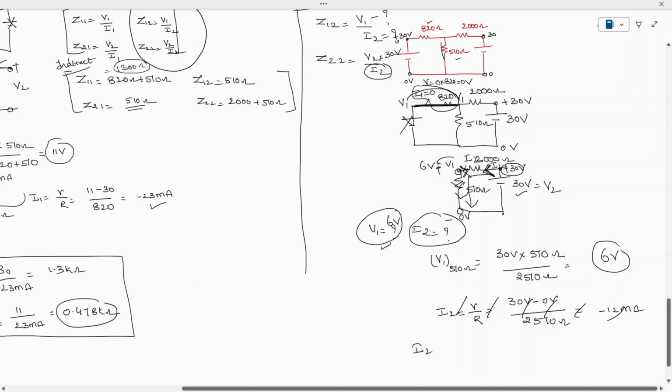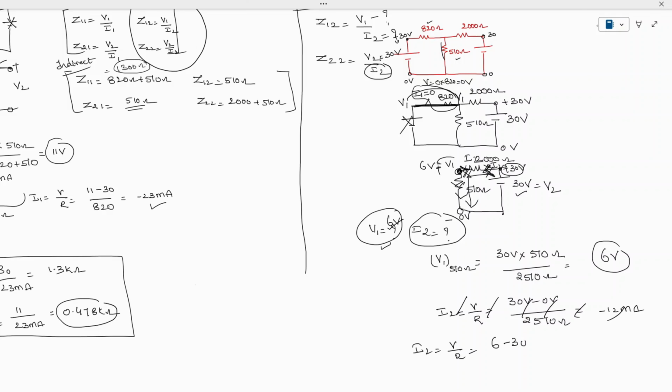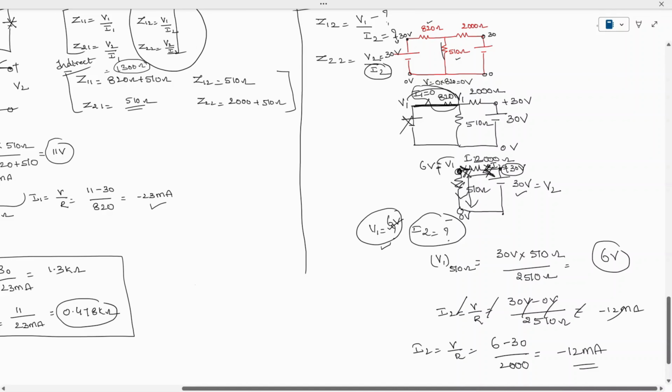So I2 is equal to V by R, and this current is flowing in this direction, and already the voltage at this point we determined as 6, minus 30, divided by 2000 ohm. It is nothing but 6 minus 30. When you do it with a calculator, you are going to get 12 milliamperes.